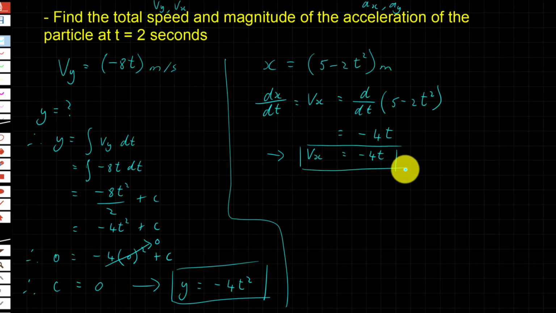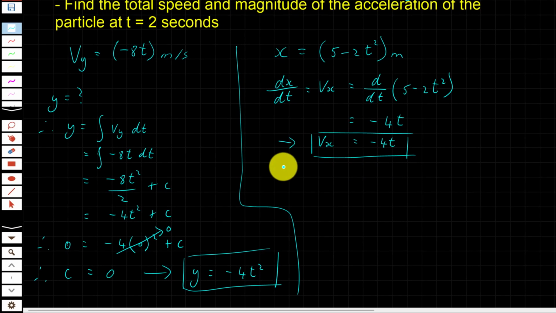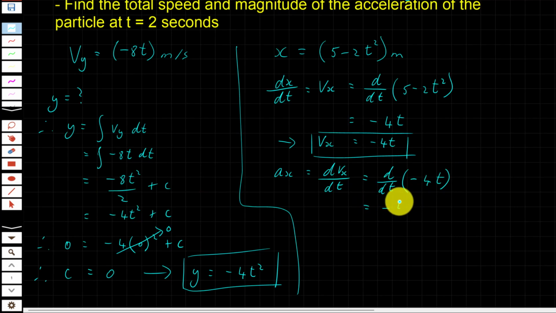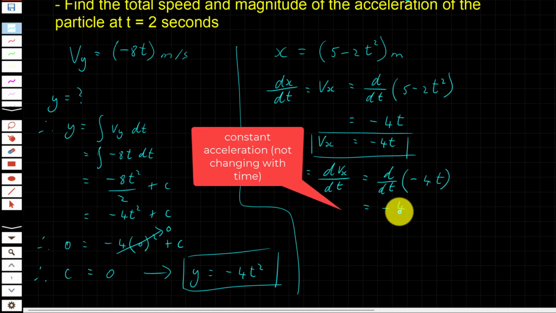So velocity in the x direction is -4t. We can find the acceleration in the x direction by differentiating velocity. So differentiate that -4t, which is simply -4, which is a constant acceleration in the x direction.